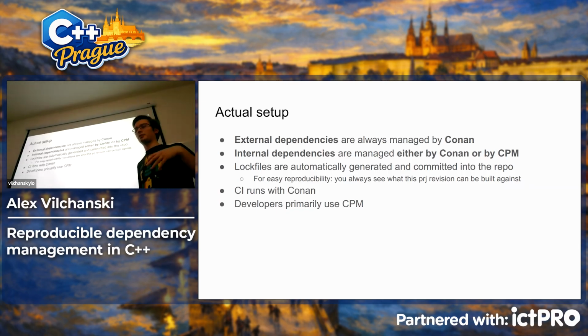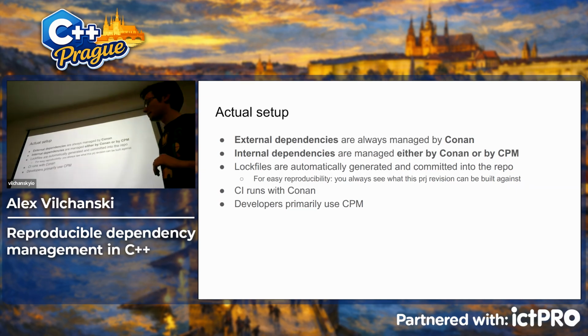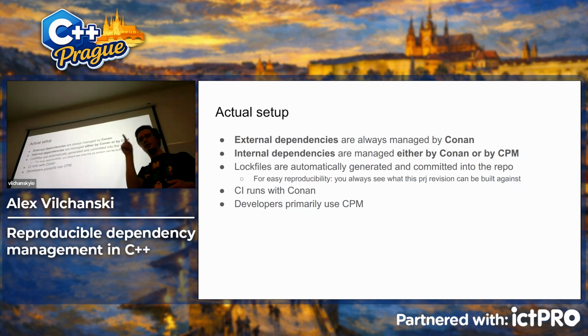So, for example, Conan itself supports lock file generation. When you call Conan lock create or something like that, you can wrap that in a CMake script. So cmake -P and the name of the script, which does not require you to write any kind of configure step or build step. You just treat it as a bash script basically, but written in CMake.